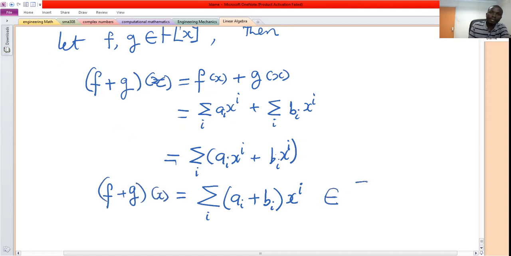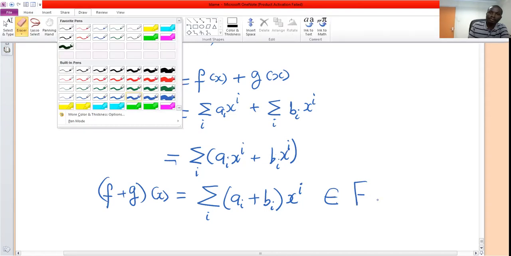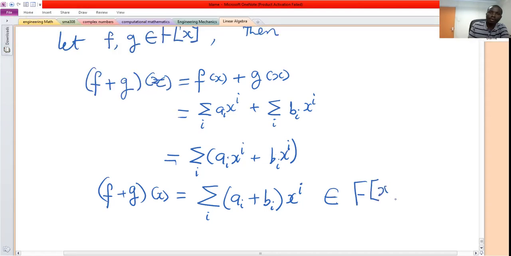And you see, this should be clear that this is the structure of all the vectors in this set of polynomials, because this answer has the same structure as polynomials whose coefficients are real numbers.